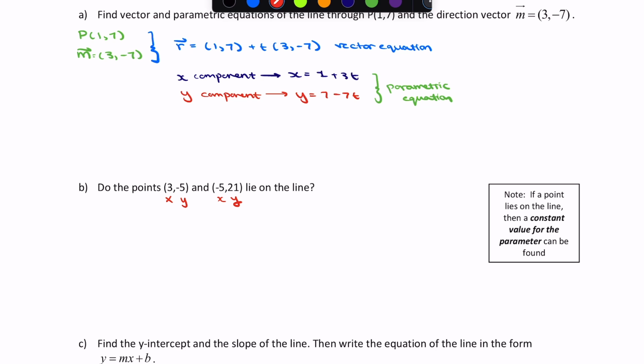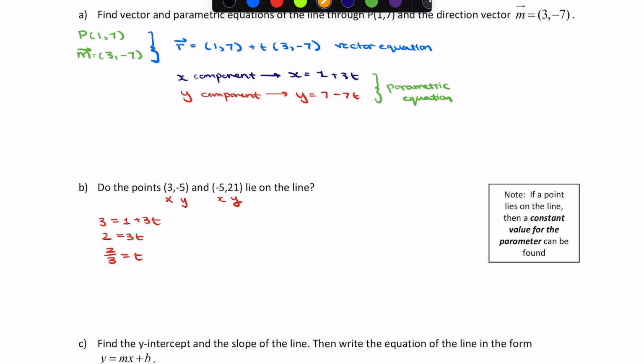In terms of the x component, we get 3 is equal to 1 plus 3t. Here we get 2 is equal to 3t, and 2/3 is equal to t.